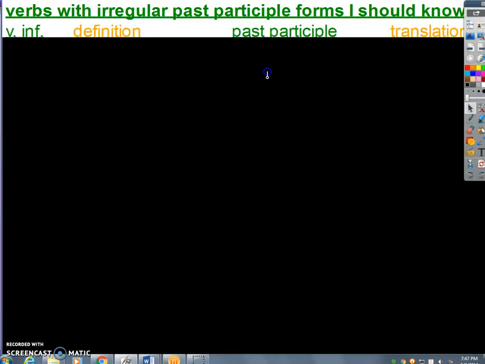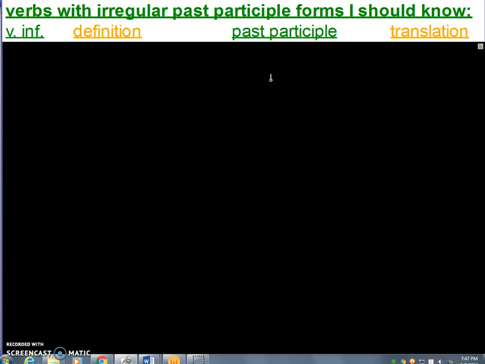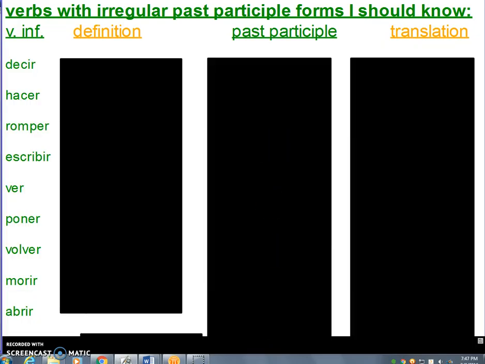All right, as you may remember or notice from your vocab note cards, we have a list of verbs that have irregular past participles that you should know. They're the ones that you can't just take off the AR and add ado, and you can't just take off the ER or IR and add ido. Here's the list. You should already know their definitions. Wait, I gotta go a little bit further. There we go.